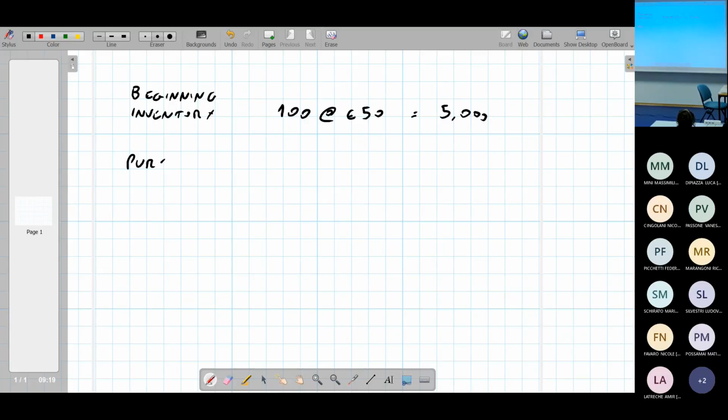Purchase one: let's say we buy another 200 units, and this time at 55. So that's 11,000.